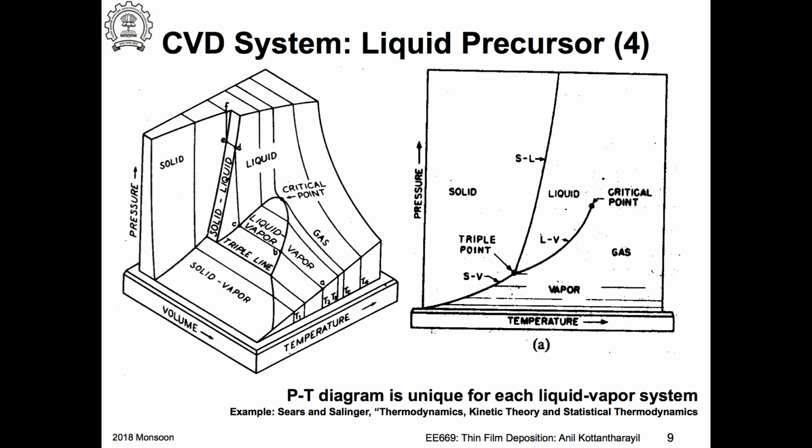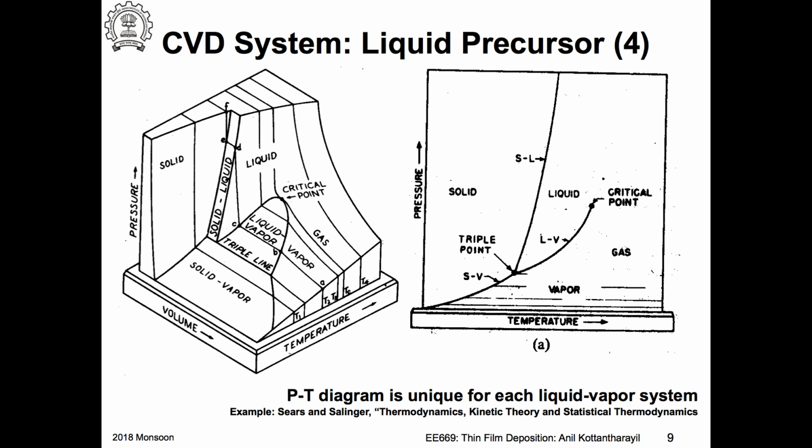And then there are some details, like you have a triple line where you have equilibrium between all three phases, solid, liquid, and gas. If you take one particular volume value, you can reduce this to a two-dimensional plot. As you increase the temperature, a solid becomes a vapor, and it will start to melt at some point.